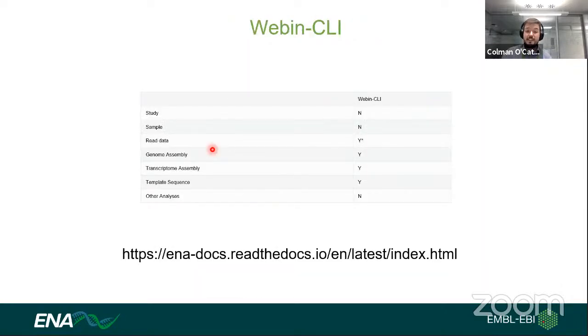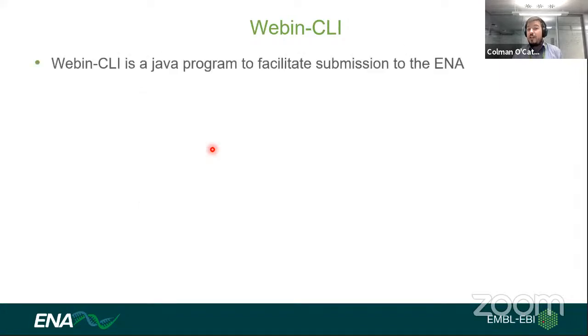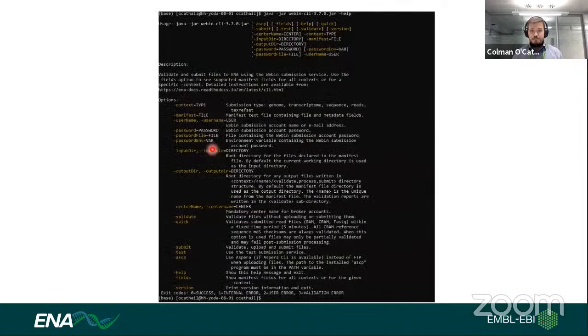The command line interface, again, is almost the inverse of the interactive. So you can't register studies or samples, but you can submit all your assembly types using the command line. And Webin CLI is actually just a Java program used to facilitate submission. So when you invoke it, it's a jar file. It's pretty easy to download and install, and runs on up to, I think, OpenJDK 1.8 anyway.